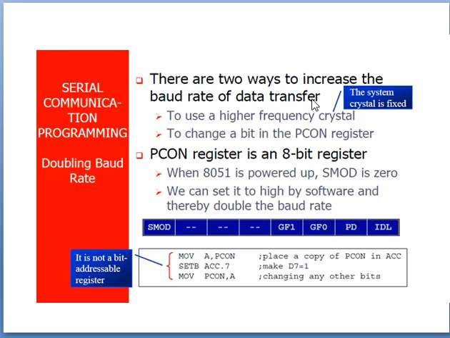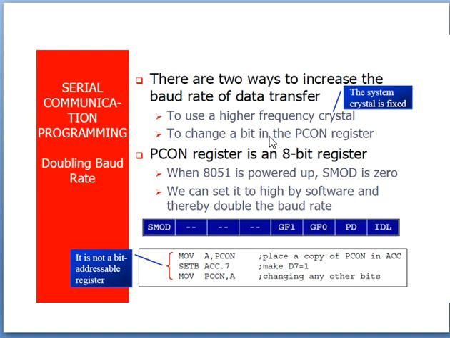So next is about how we are going to increase the speed of communication. If you want to increase the speed of communication, you need to increase the baud rate. There are two ways to increase the baud rate. One way is to increase the frequency, but since the crystal frequency is fixed, we cannot vary that one. So using a higher frequency is one method.